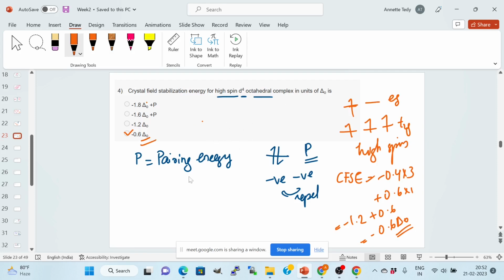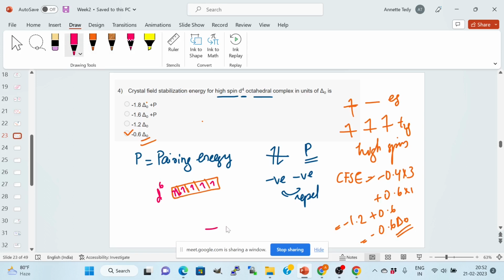For that, let me take a normal d orbital where we have d6, just one set of paired electrons there.